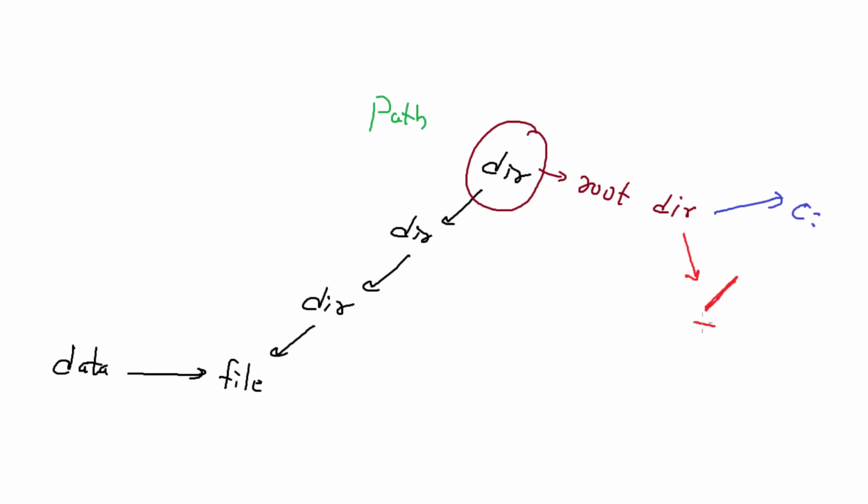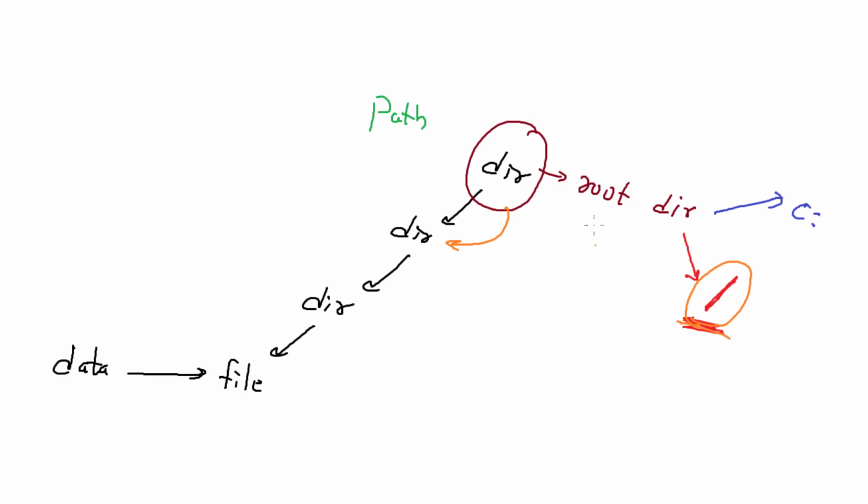The slash is also known as the root directory of the system. Any folder or directory in your system would be underneath this slash directory. So all the files and directories would be under this particular tree of the slash.